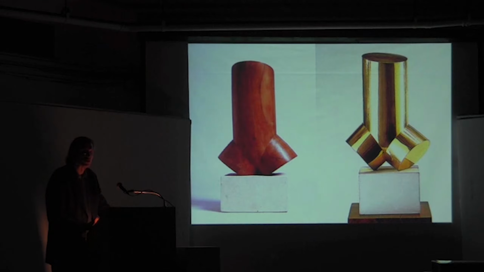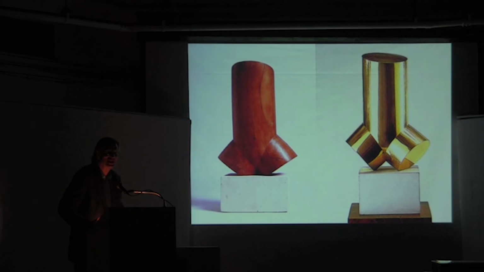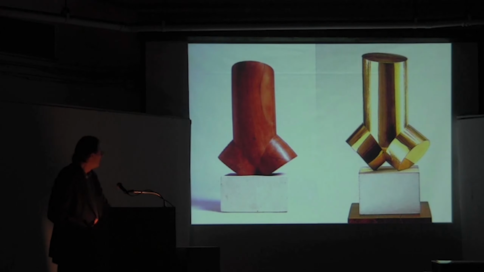Now, what happens with that hard metallic surface that's polished is it becomes, in a sense, it vanishes within the context of the surface, of the room, the space that it finds itself in. So we go from, in a sense, the inorganic to the organic, a tree, a piece of wood.